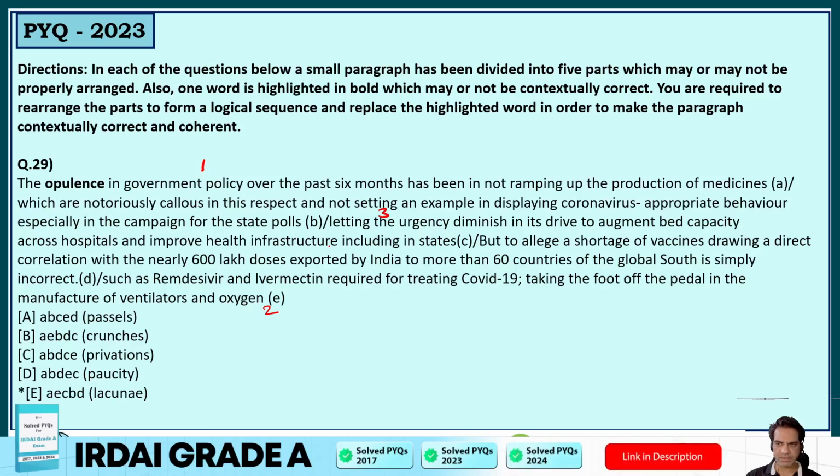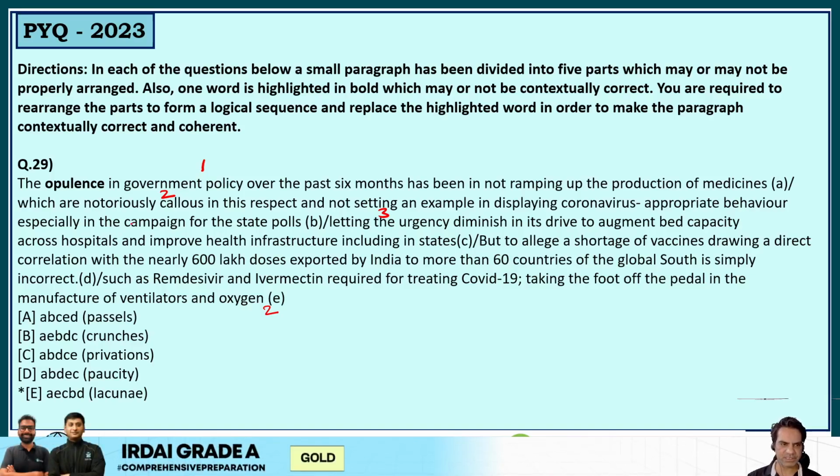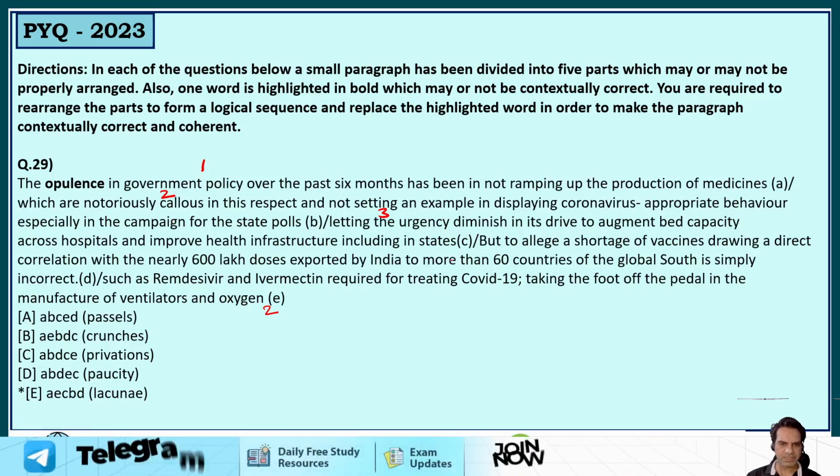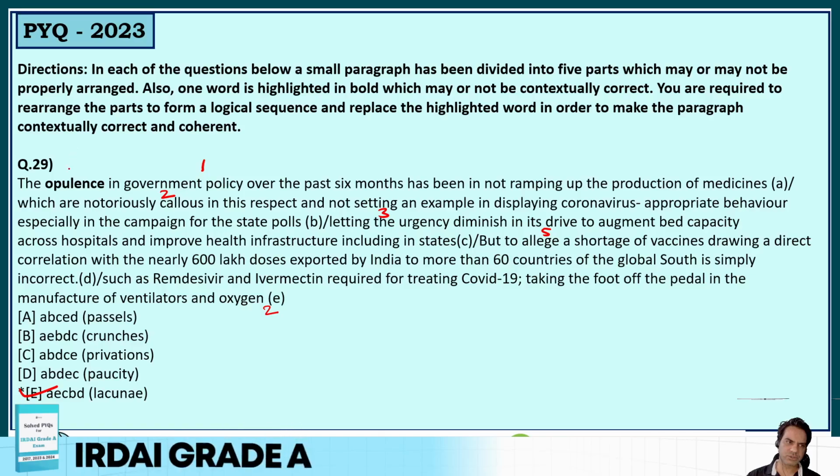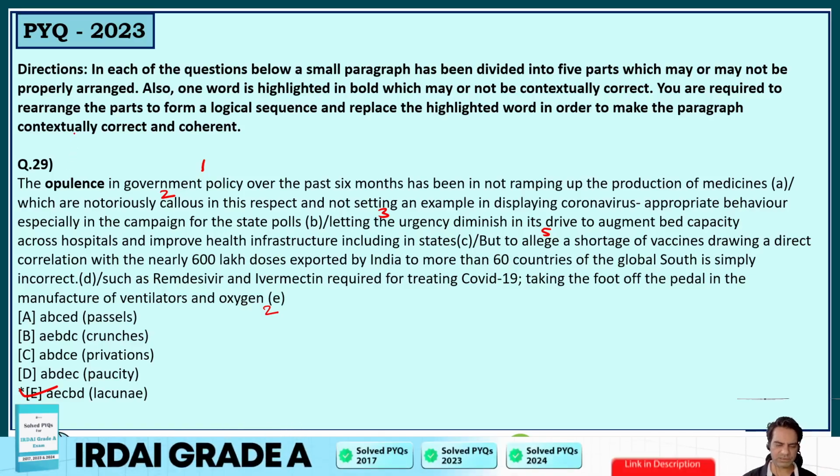Then it should be B, states which are notoriously callous in their respect and not setting an example in displaying coronavirus appropriate behavior, especially in the campaign of the state polls. And last should be D, but to allege a shortage of vaccine. So yes, option E was your correct answer. It should be lacunae in place of opulence.